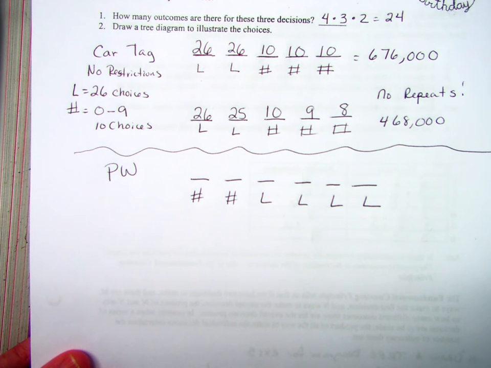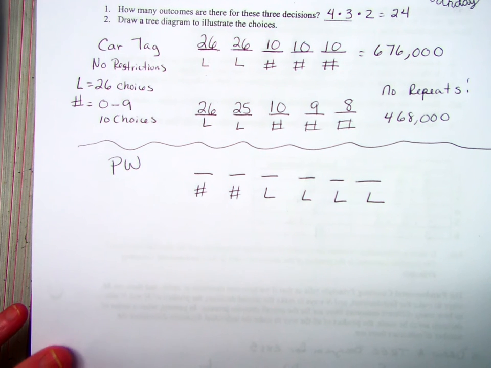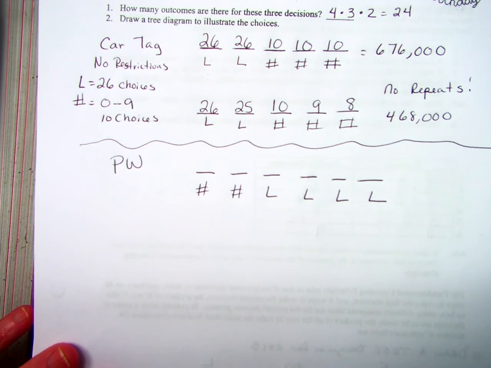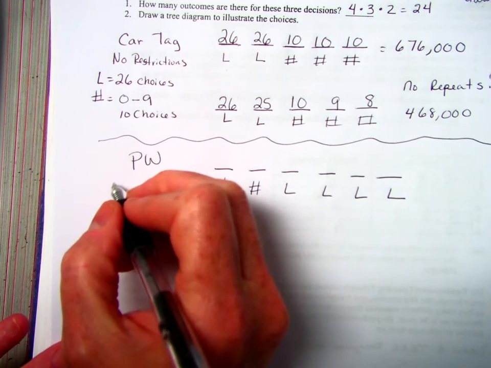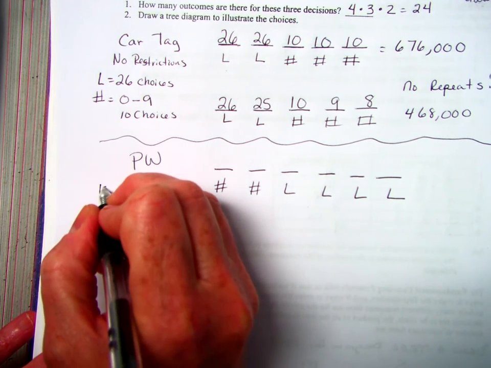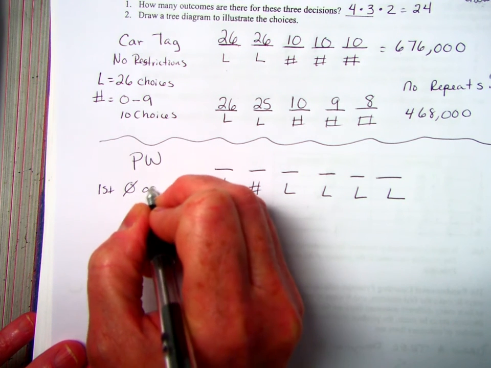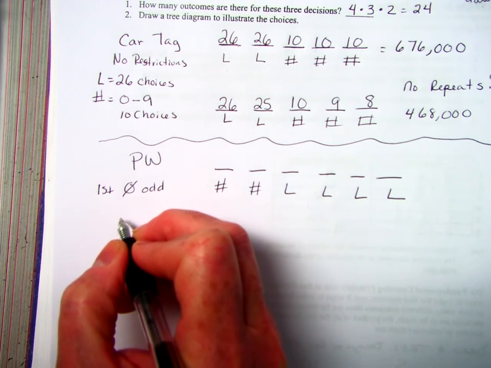Now, listen. We're going to be picky and grumpy now. Let's say the first number cannot be odd. So what numbers could it be?